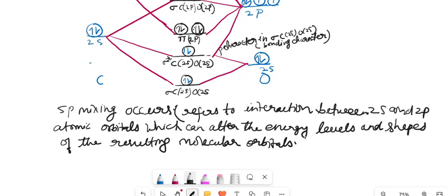So the energy levels are altered and the shapes of the resulting molecular orbitals are also changed due to the sp mixing.